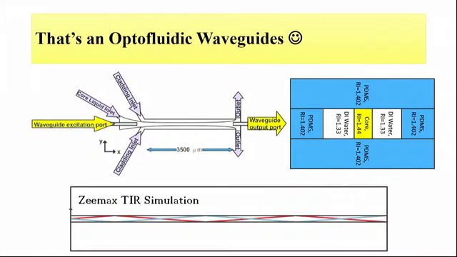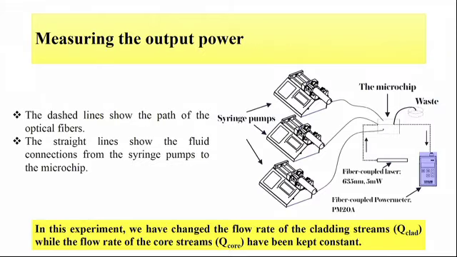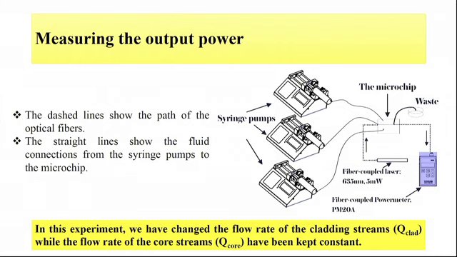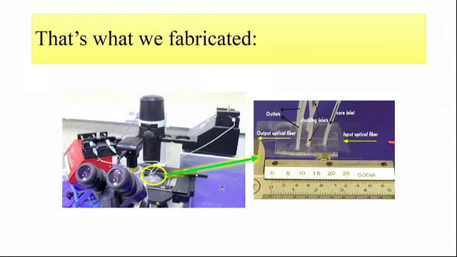What we are interested in is to increase the sharpness of the refractive index distribution in the core medium, because after a while the water and the core medium diffuse into each other, and we won't have a sharp refractive index profile. This is our setup: there are 3 syringe pumps, 1 microchip, and the optical power meter.